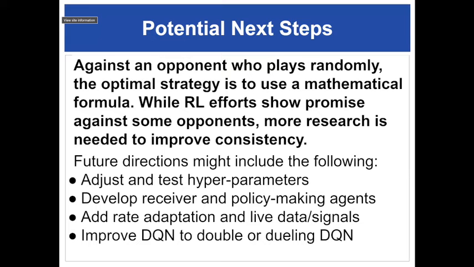So future directions we are considering are adjusting certain parameters and hyperparameters, developing a receiver and policy-making agent so that the transmitter could dynamically create the best policy schema to perform perfectly, adding rate adaptation and live data signals, as well as improving the DQN's architecture to a double or dueling DQN. Yeah, so we welcome any questions.